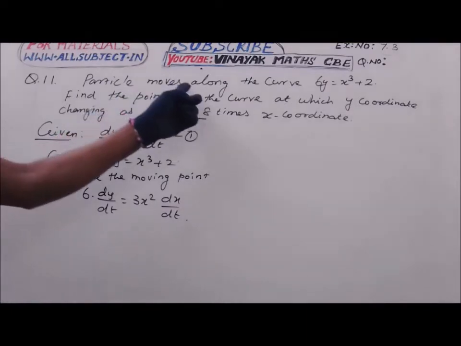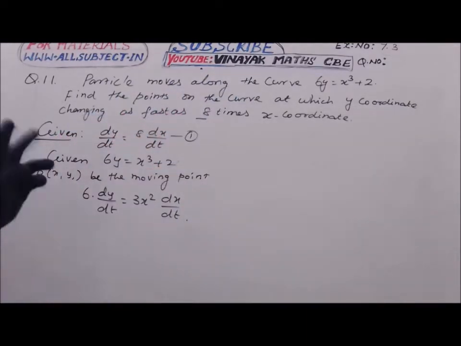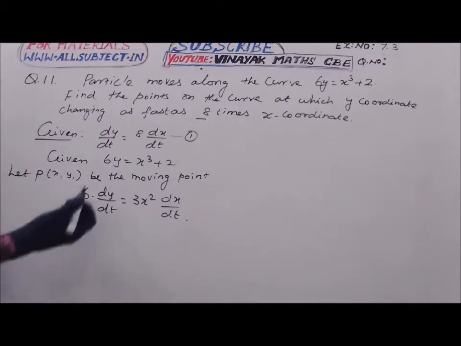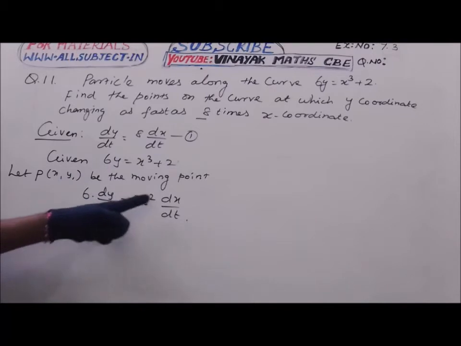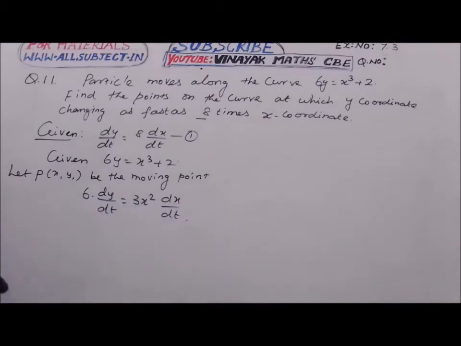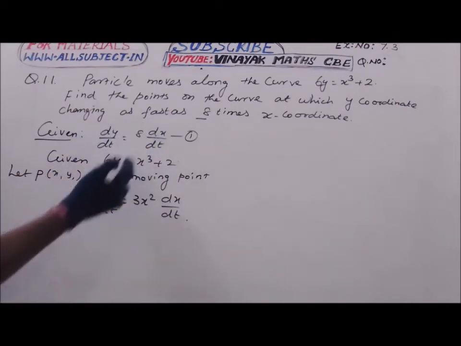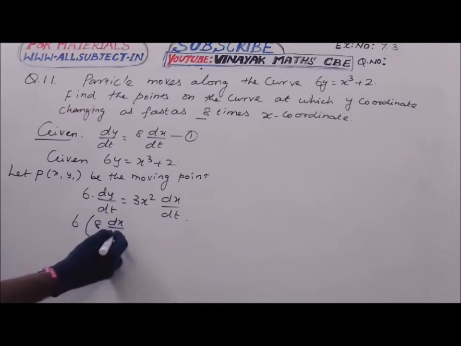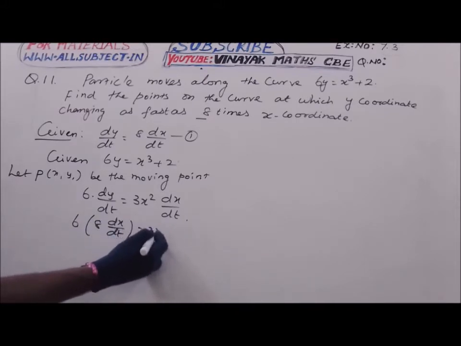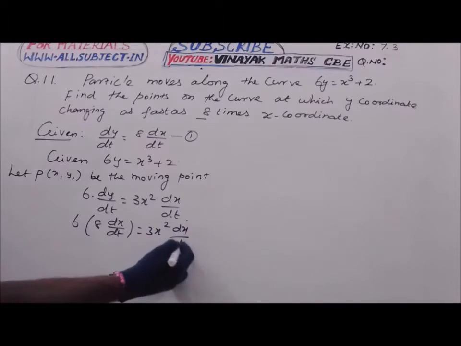Listen here, a particle moves along the curve with respect to time t. So differentiating with respect to t, 6 into dy by dt equal to 3x square into dx by dt plus 0, since the constant 2 becomes 0. Now we can substitute dy by dt as 8 into dx by dt here. 6 into 8 into dx by dt equal to 3x square into dx by dt.